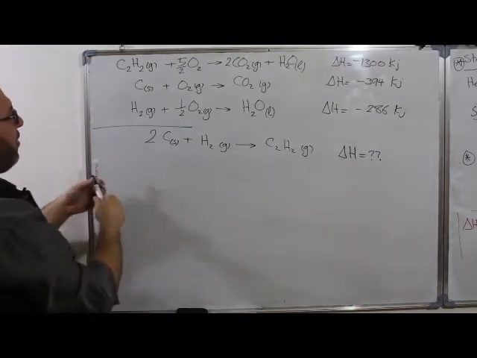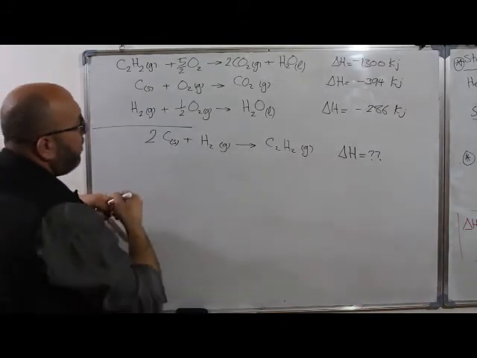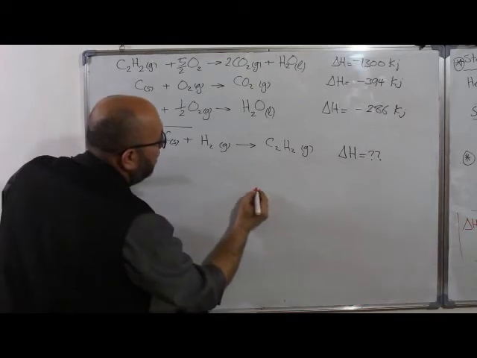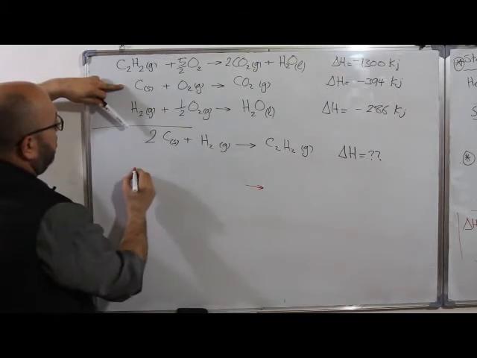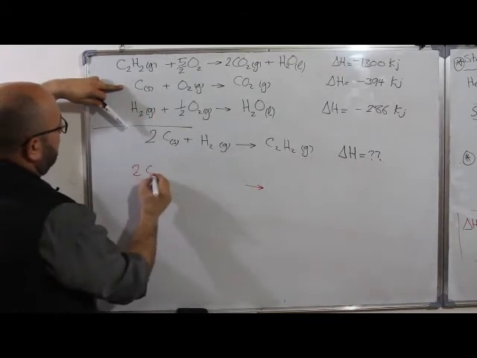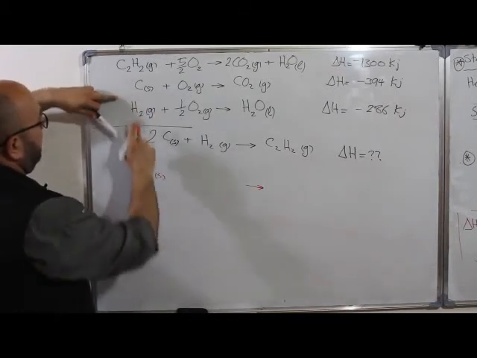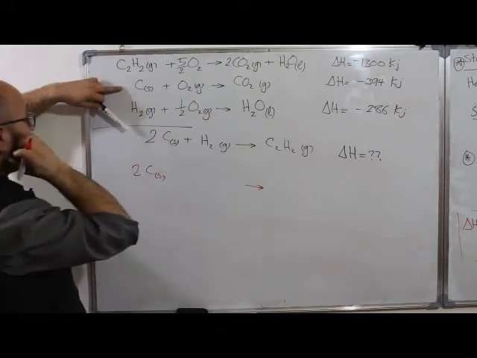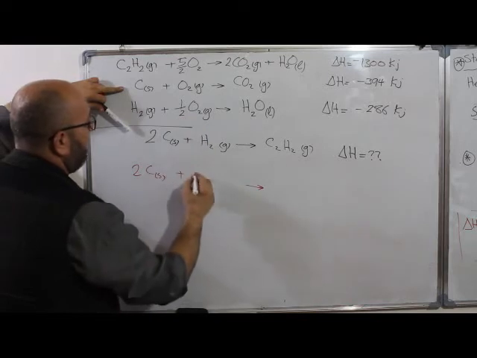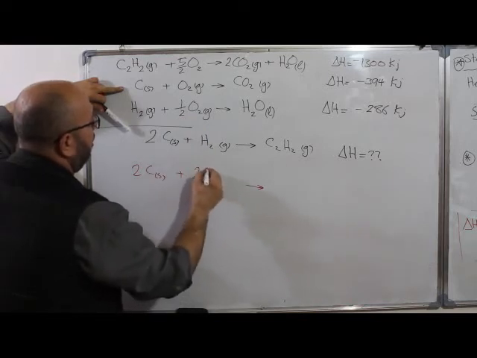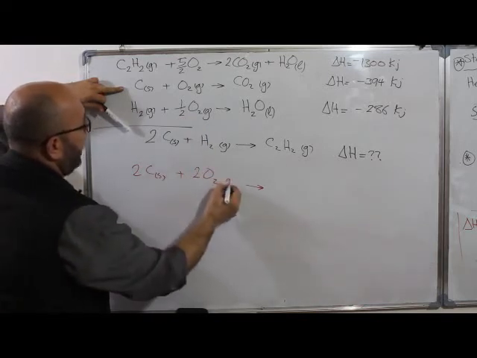Let us prepare it first of all and keep the arrow here at the middle. The first one here is 2. This equation is multiplied, like what's mentioned, by 2. The other component, oxygen, if it's multiplied by 2, is turned to 2O2 as a gas.